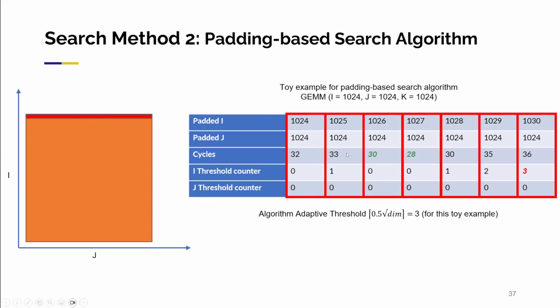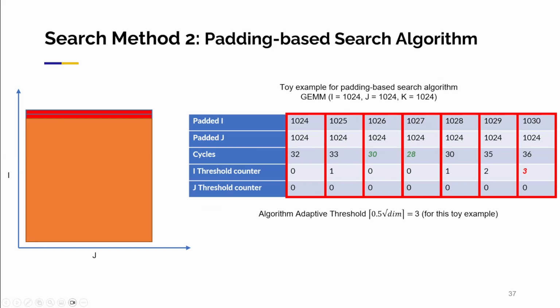But instead, we are padding the problem size with zeros, and then we are performing the search using only divisor tiling factors. So now when we do the padding on the I dimension, we get worse performance at this point.